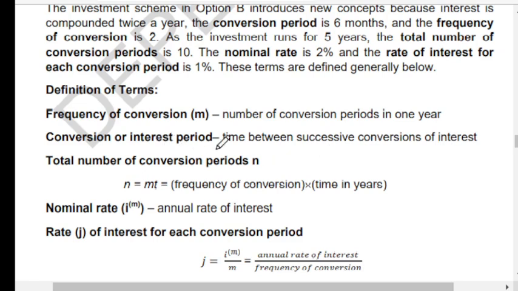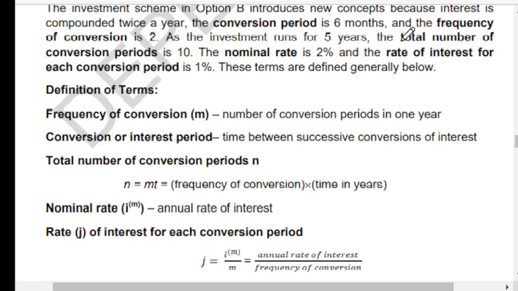Conversion or interest period is the time between successive conversions of interest. So the total number of conversion periods n is equal to m, the frequency of conversion, times t, the time in years.